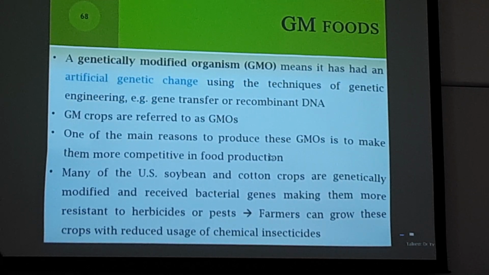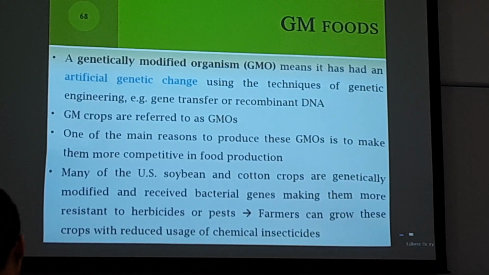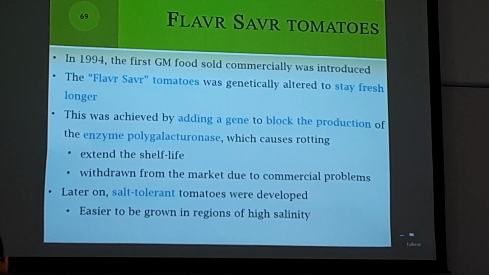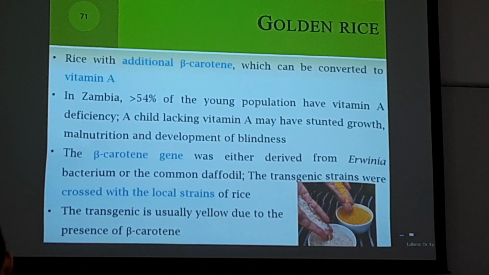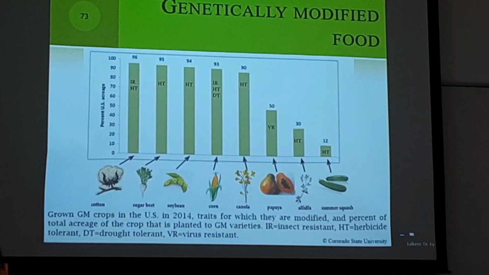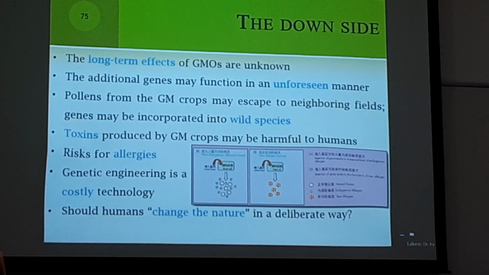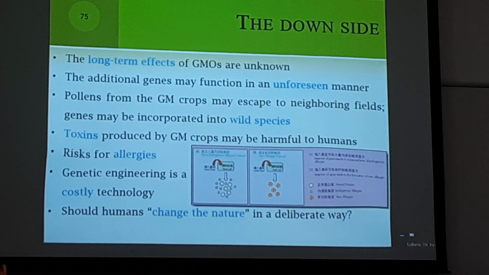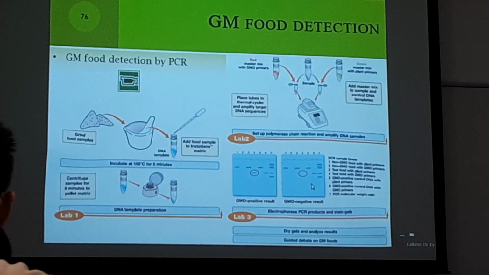Before you can be sure they are safe enough and their features are stable enough, they can become a new type of GM food for putting into the market. Okay, so some examples of GM food are already available in the world. We had many presentations on GM food last week, so I think you are very familiar with this topic already.